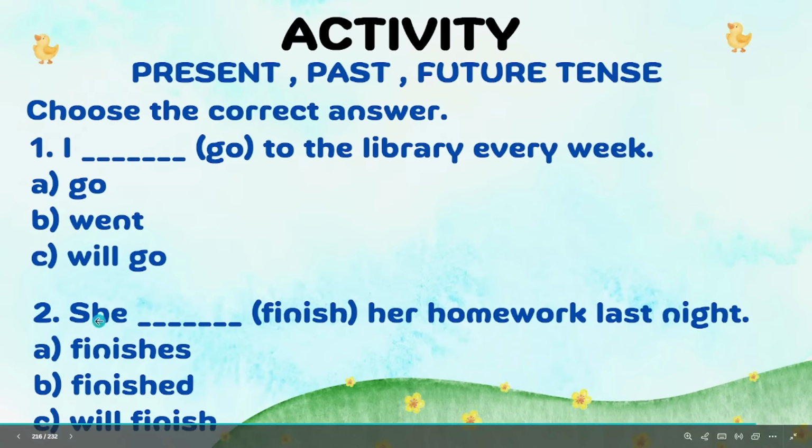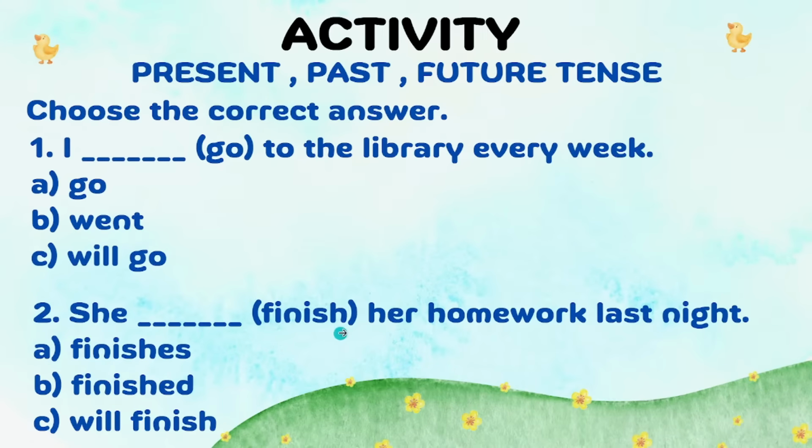Okay. She, number 2, blank, finish. This is the verb. Her homework last night. What did I say earlier? For last night or yesterday, last week, last month, last year, it's what? It already happened in the past. So, what are you going to use here? She blank. The verb is finished. Her homework last night.